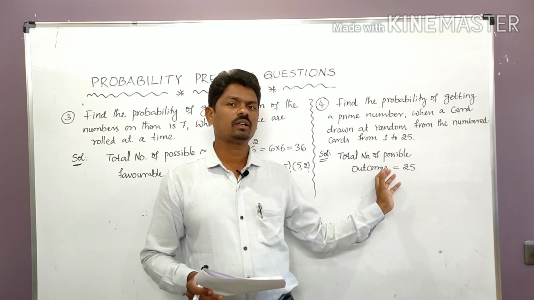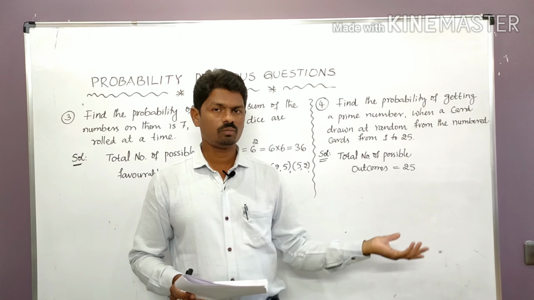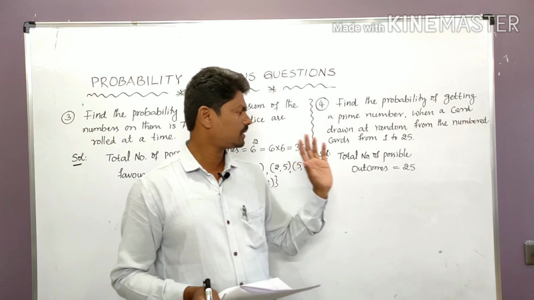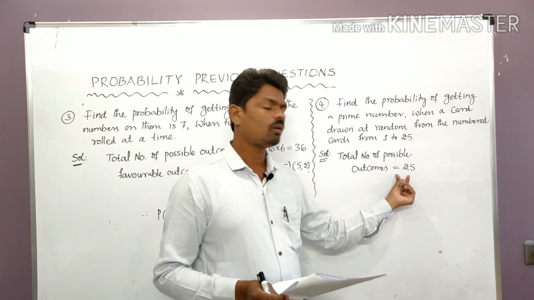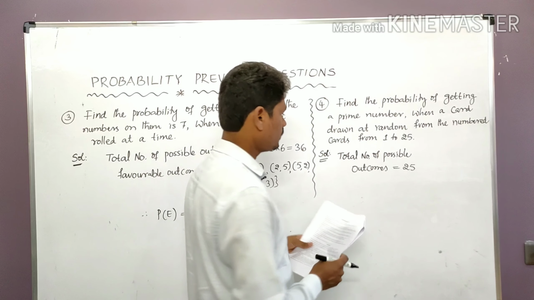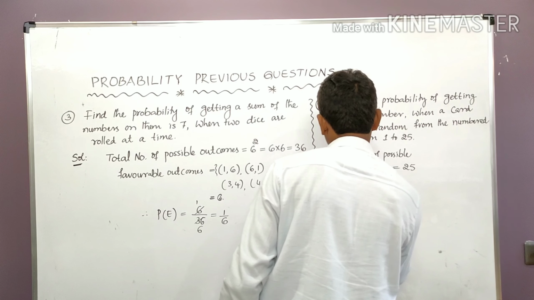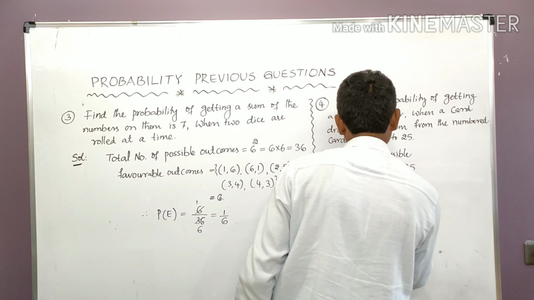From the 25 cards, if we draw a card, then what is the probability to get a prime number card? So now we have to write all the possible prime numbers from 1 to 25. So set of favorable outcomes equal to, first we have to write the set of favorable outcomes.